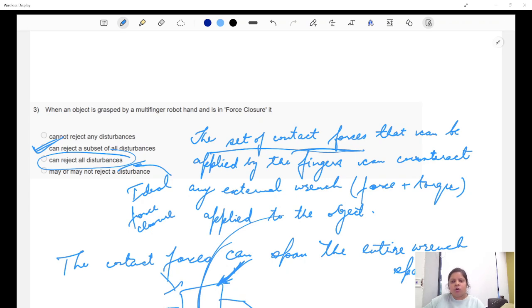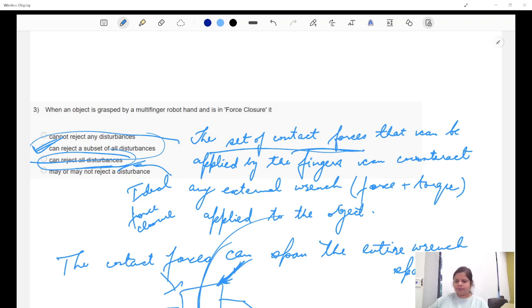So if I ask you, can the object that we are holding resist a disturbance within a feasible range of actuators and within friction limits? If yes, then we say that it can reject all of the disturbances. But what if we go beyond the limits? Then that becomes a non-ideal case. That is why this is the correct answer. So only a subset of disturbances can be resisted due to friction, limits, and actuation. This is the practical context.